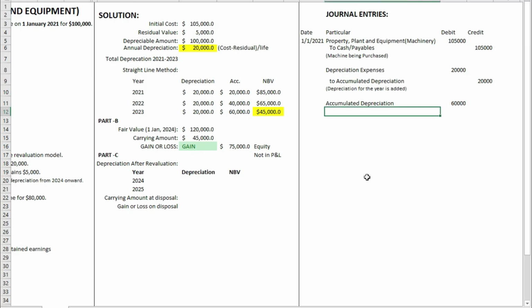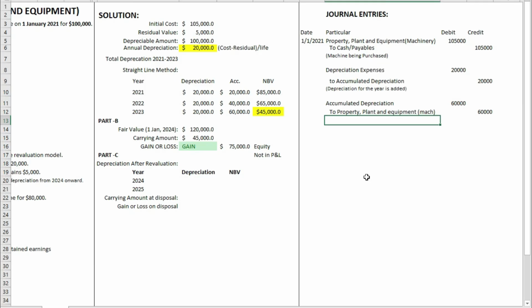And to where would it go? What would be credited? Credit the property, plant and equipment, which is our machinery. It was also 60,000, and you can narrate that the accumulated depreciation was added.